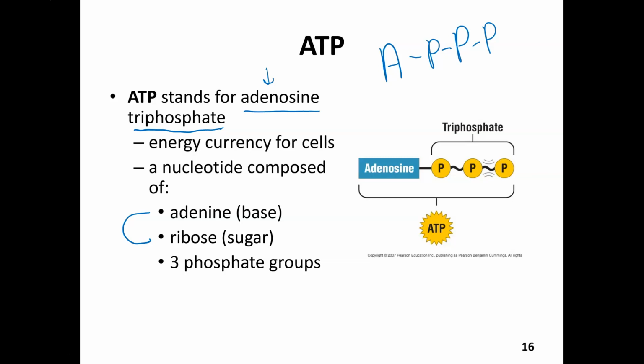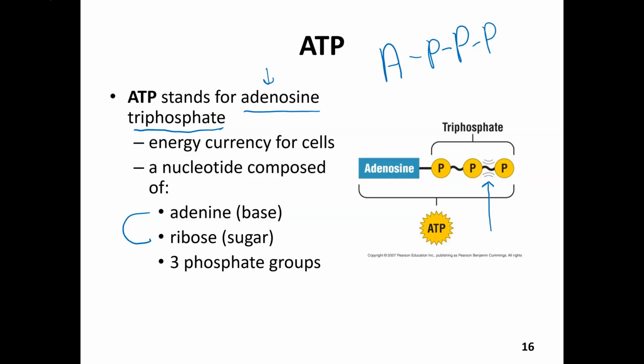ATP is a high energy molecule. The energy is carried in these bonds between the phosphates, and the bond between the second and third phosphate is very, very unstable and will be released. And when it gets released, it releases energy to other cells.